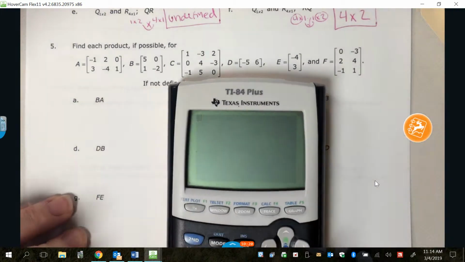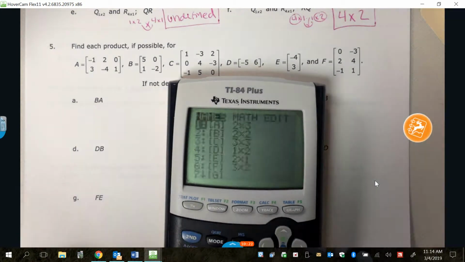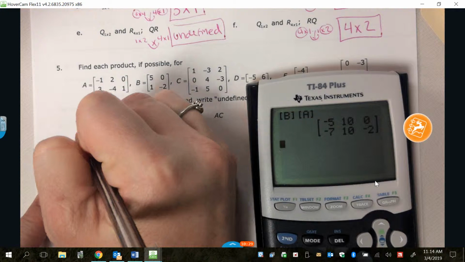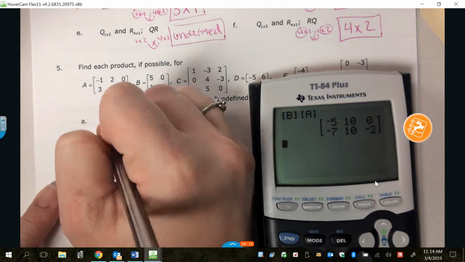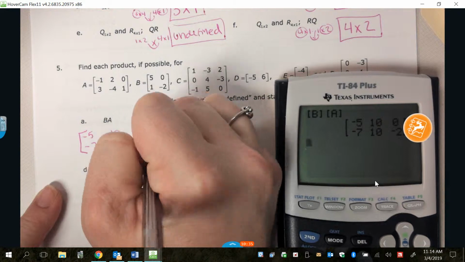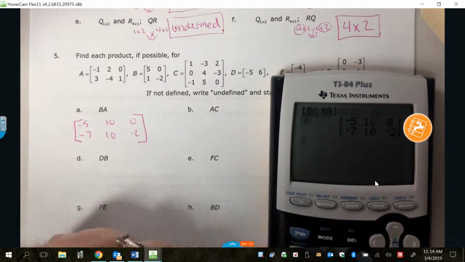Okay, so we got them all in, and now we're going to start doing it. So second matrix B times second matrix A. Second matrix A times second matrix C.